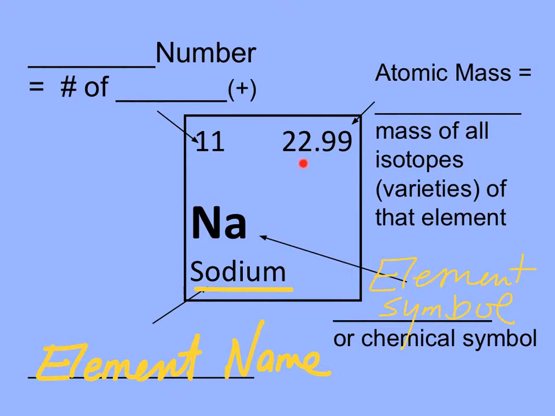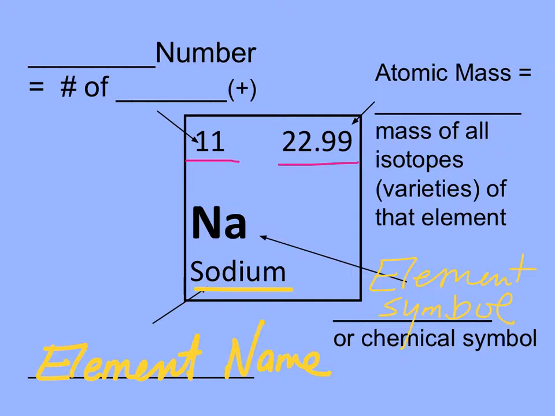The other thing on the element square is these 2 numbers, and each number gives us specific details about that element. The first thing I want to recognize is that the 2 numbers, while different in value, also look different. One is a whole number, while one is a decimal, and that's really going to help us tell the 2 apart.